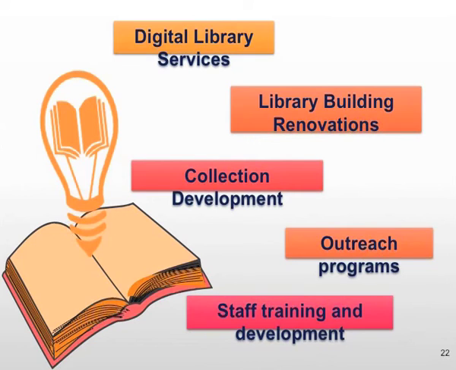And staff training and development is also very important, because for effective and useful services, we also need to train our staff, keeping them up to the mark with the technological developments going on. So, these are some important fields where this cost benefit analysis and budget allocation can be influential and important.